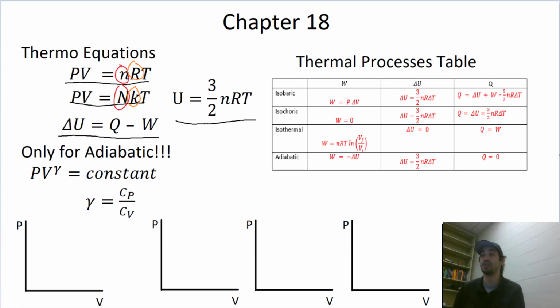It says that the change in internal energy is equal to the heat added to the system minus the work done by the system. If you look at the units of the first law of thermodynamics, it's the same as conservation of energy. So you might think, and you would be thinking correctly, that the first law of thermodynamics actually comes from conservation of energy. Now let's talk about specific thermal processes.